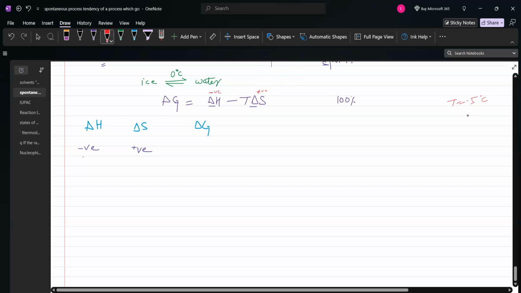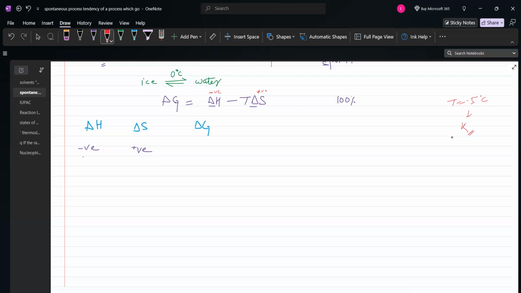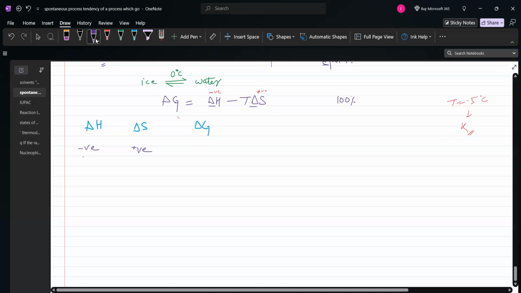But in chemistry and physics, we only talk in Kelvin. In Kelvin, temperature is always positive. Below 0 Kelvin, we don't talk about it, and we don't do experiments. This is very low temperature, -273 degrees Celsius. So T is always positive. So the whole term will be negative only, and this is negative only. So finally, delta G will be negative, right?